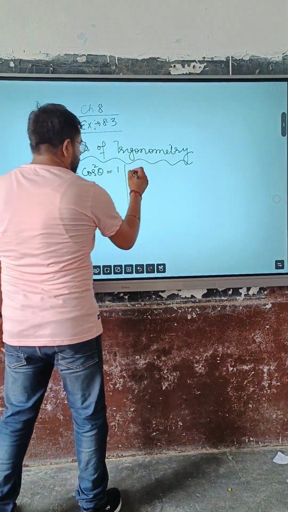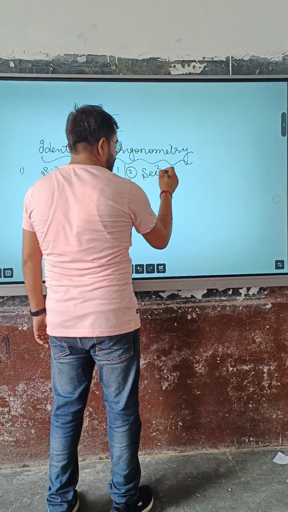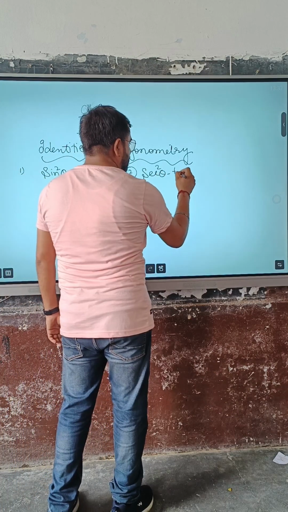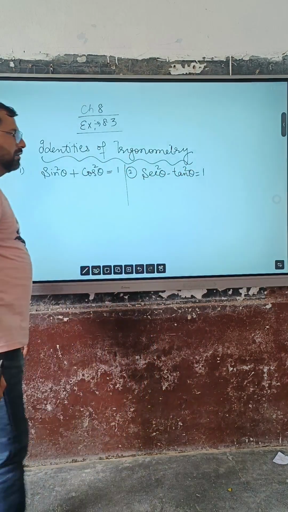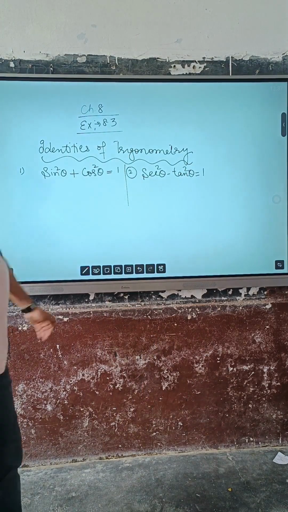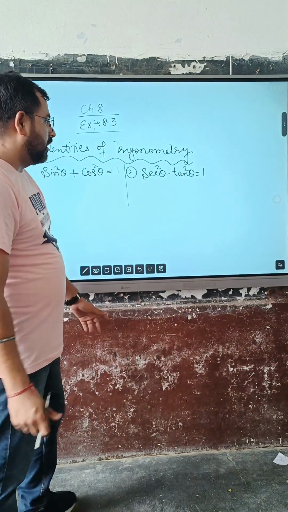Second identity is secant square theta minus tan square theta equal to 1. That is the second identity.